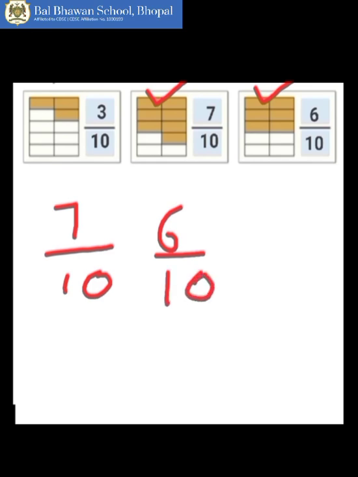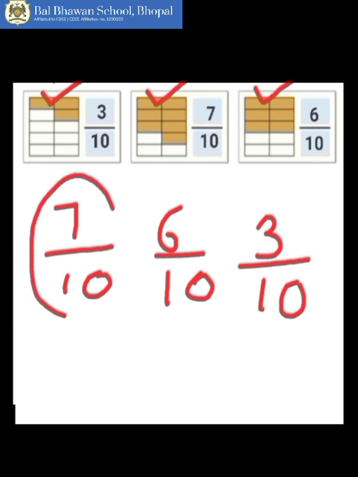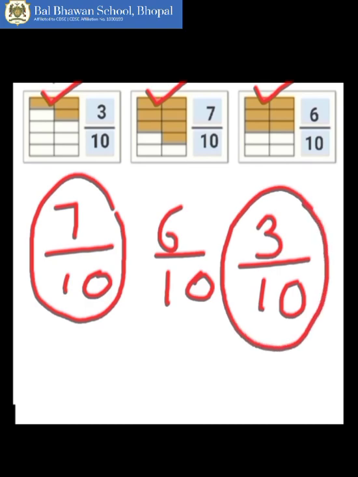Now tell me, which will come at the last? Yes, the picture with 3 portions shaded. So 3 by 10 will be the last fraction. Now children, as you can see, we have got the biggest fraction and the smallest fraction.